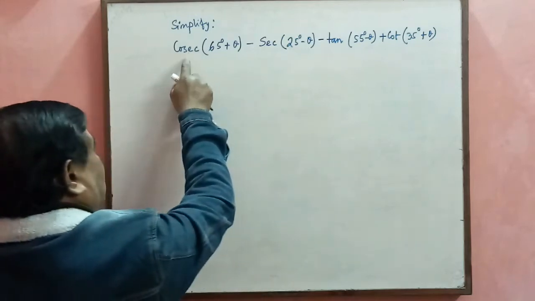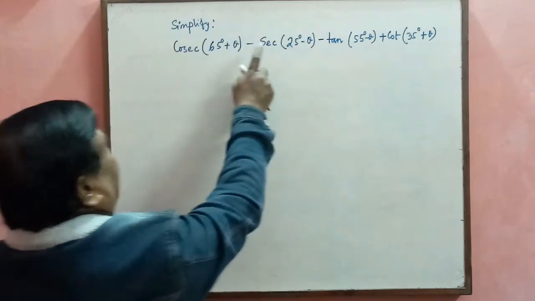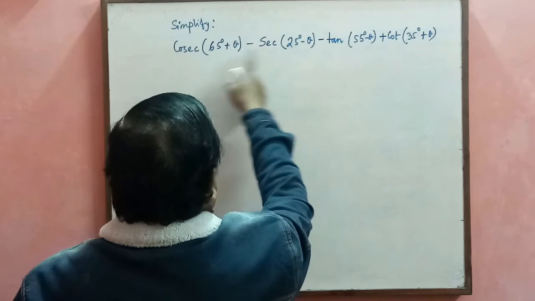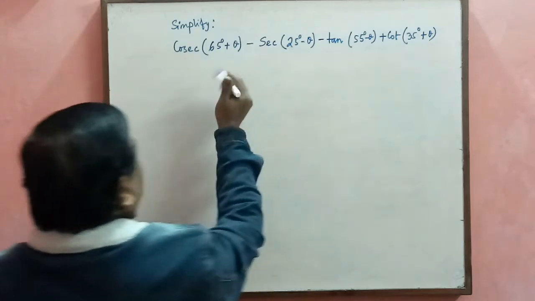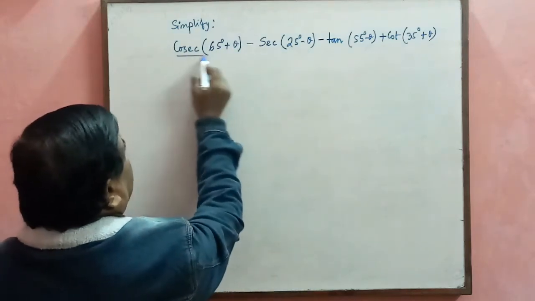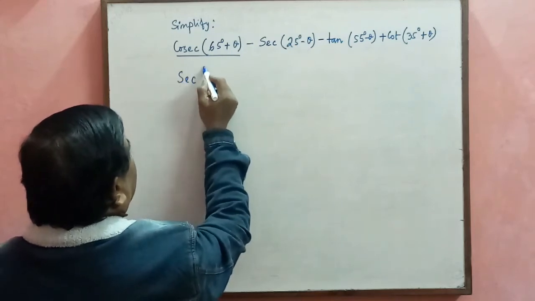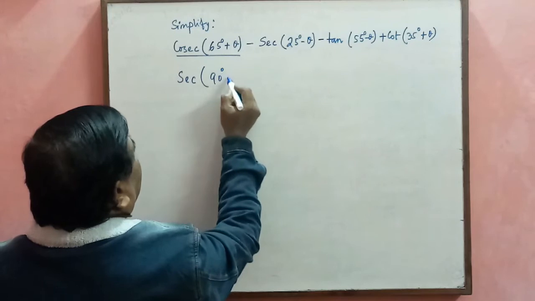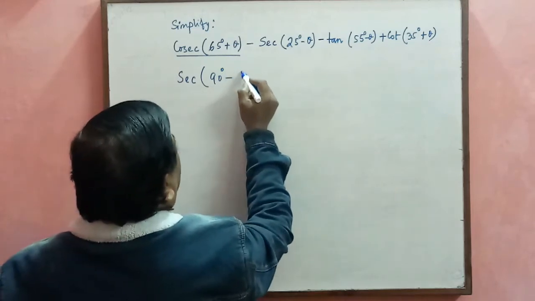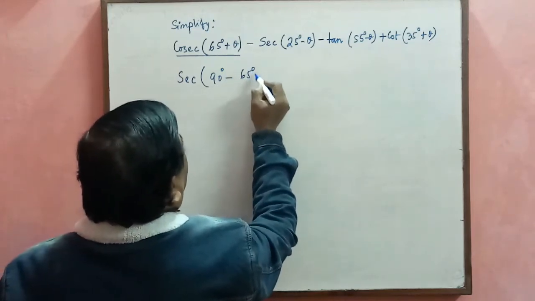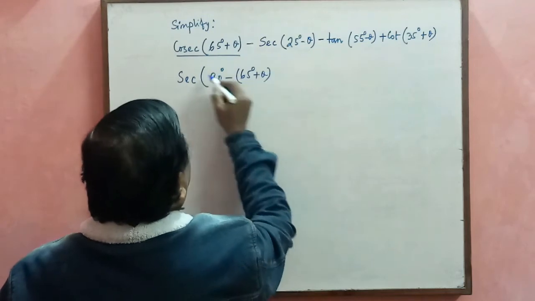You can change cosec this one or sec, but don't change both at a time. You change only one. Let's say I will change this one. This is sec 90 degree minus 65 degree plus theta.